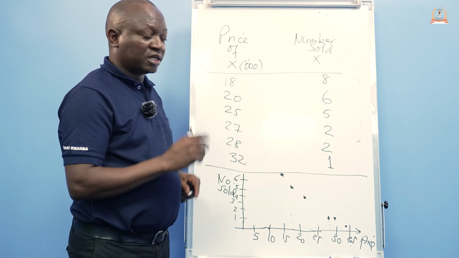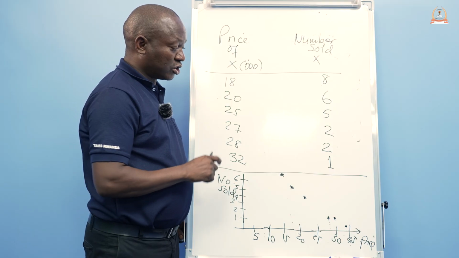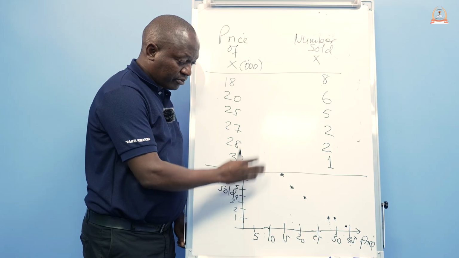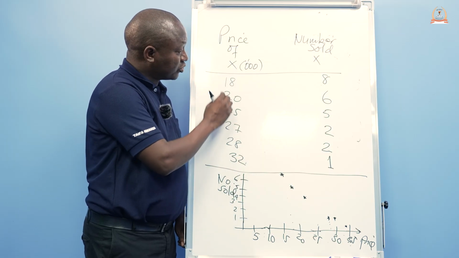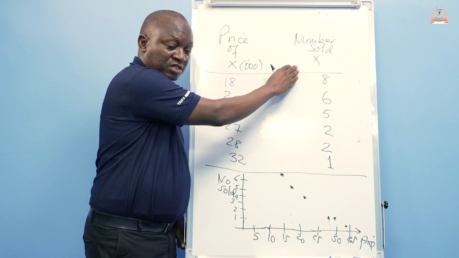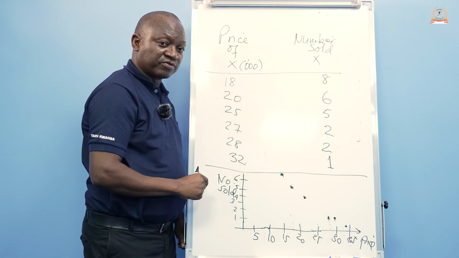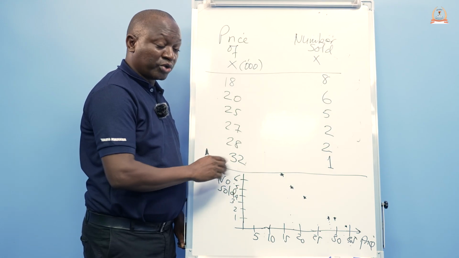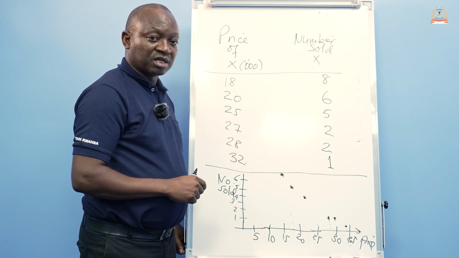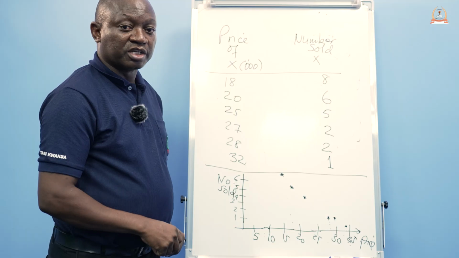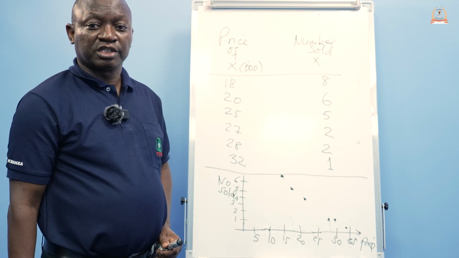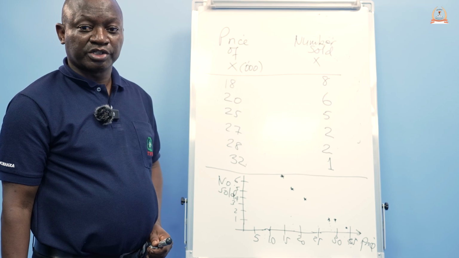So that's the negative relationship which we are talking about. And if you calculate the correlation coefficient now between the price of good X and the number sold for good X, you will always get a negative value. You can witness this when we go to the specific calculations of the same data using the correlation coefficient formula.